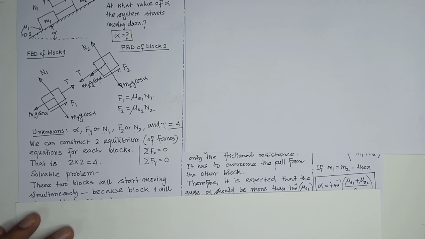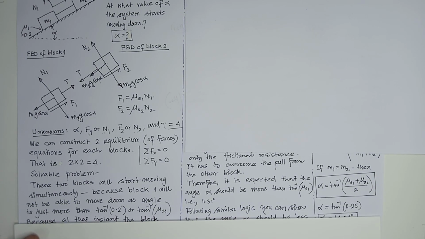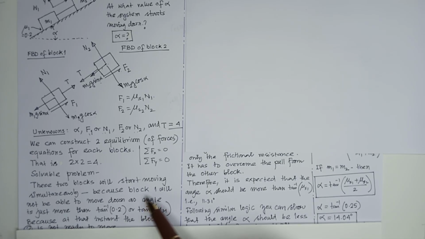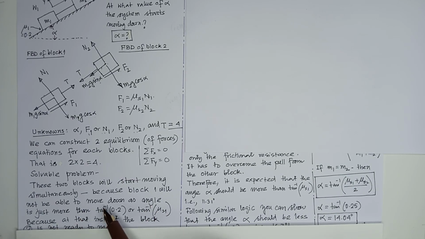Then one thing that we have to understand is that these two blocks will start moving simultaneously, as I have just mentioned, because block 1 will not be able to move down as the angle is just more than 0.2. What is the meaning?